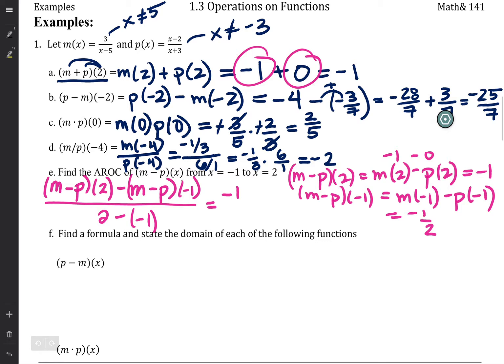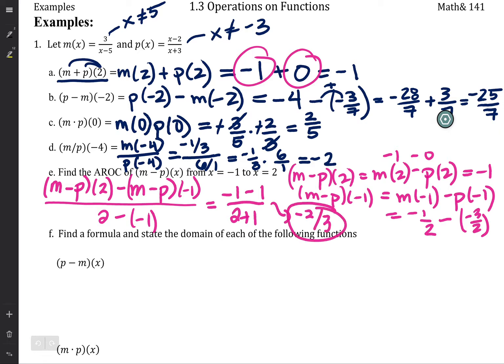And p of negative 1 is negative 3 over 2. If we take negative 1/2 and add 3/2, what we get is 1. So we're going to have negative 1 over 2 plus 1, which is negative 1/3. So that's our average rate of change for this function.